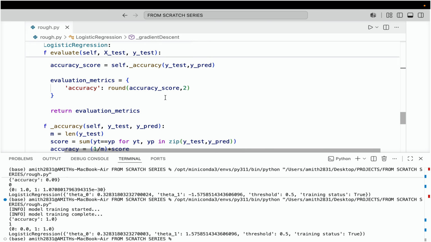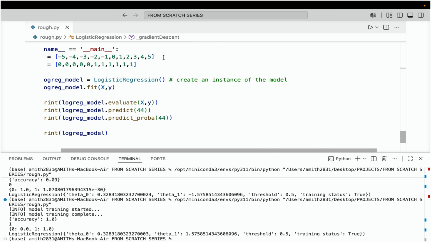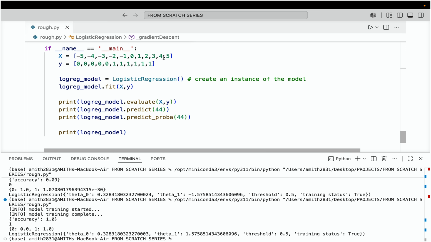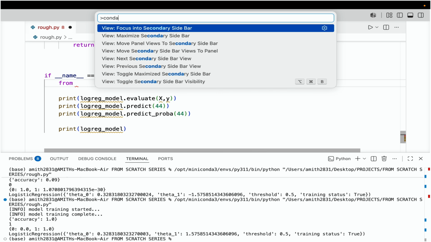Let me test it out a few more times. Let me try out something. I think C1 should have, C1 just come with, try.